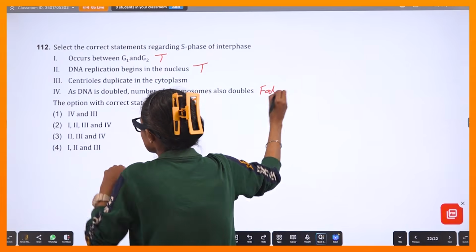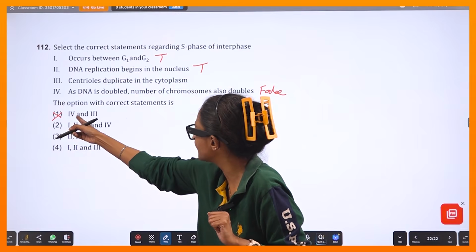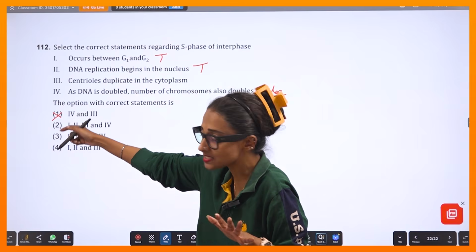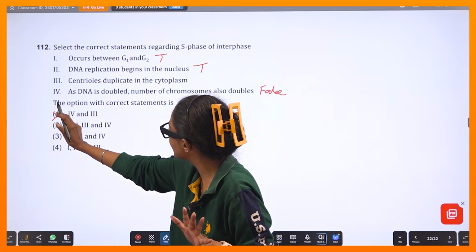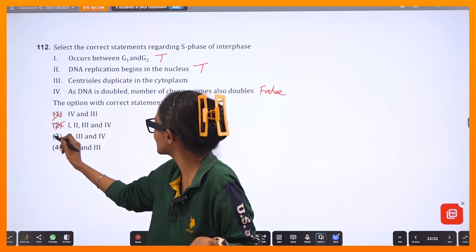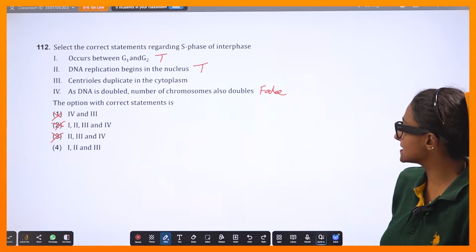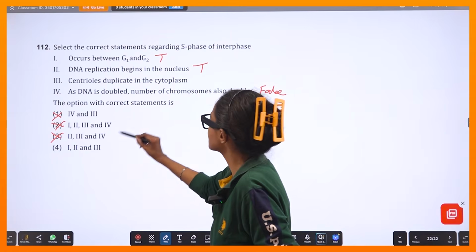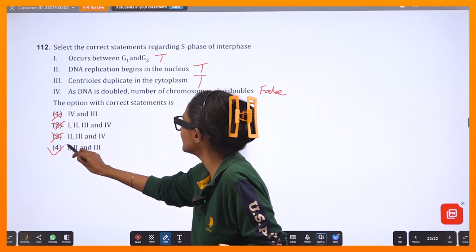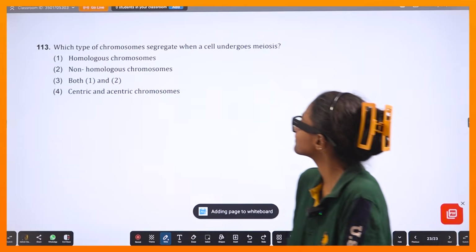If statement 4 is false, then statement 4 is there in option 1, so option 1 is incorrect. So what is left? Only option 4 is left with three statements, right? So we'll go with the fourth option. Let's move on.